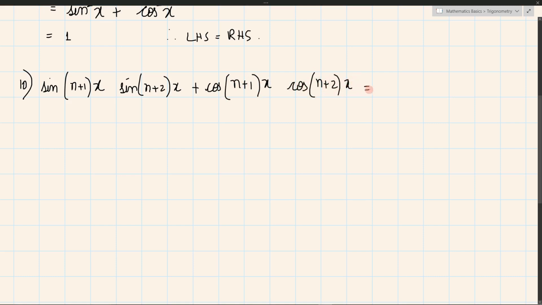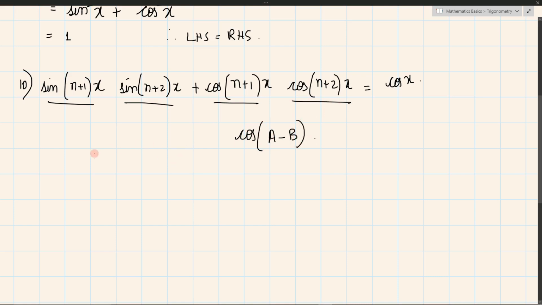So this will be equal to cos x. So let us consider the LHS. So this is in the form of sin A sin B plus cos A cos B. So this is nothing but cos of A minus B.